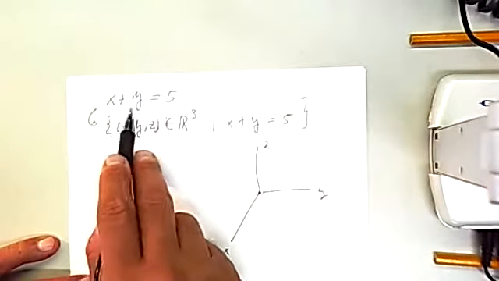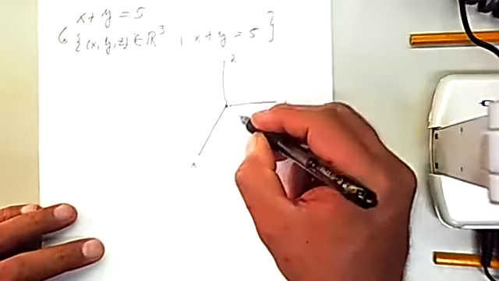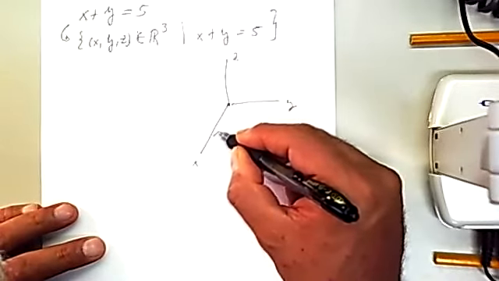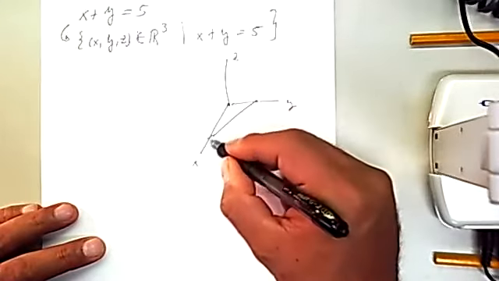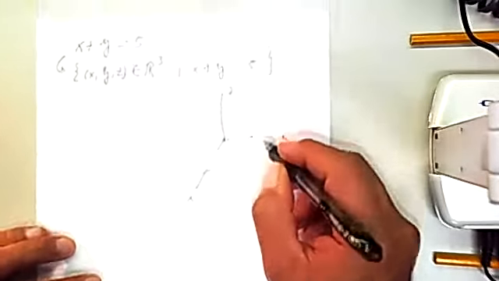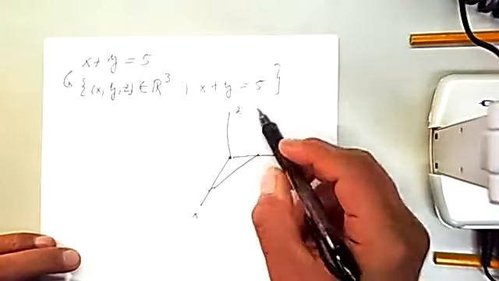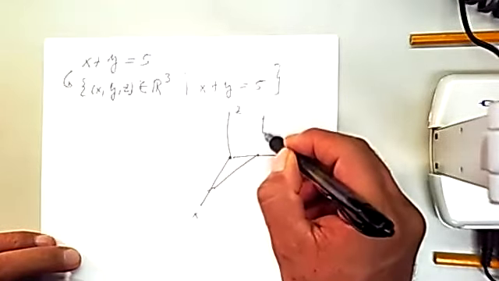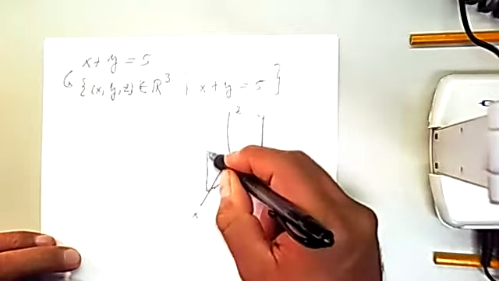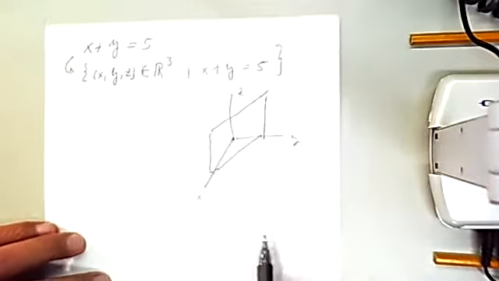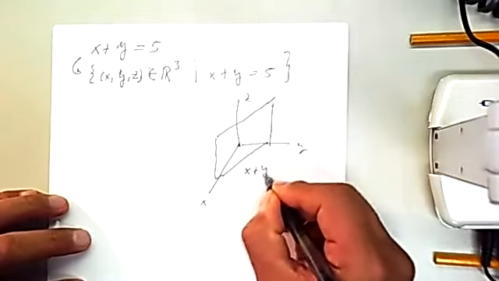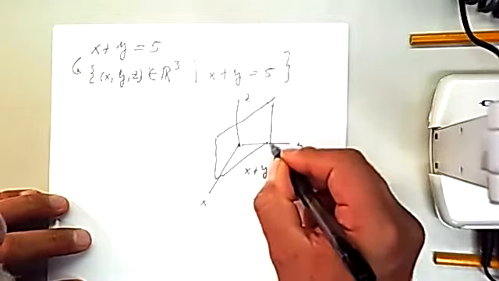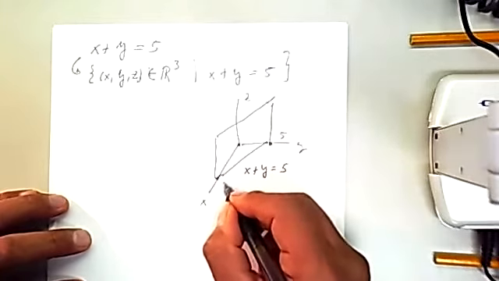If you draw this actual line, x plus y equals 5, on the xy plane, we would have this line, where this would be 5 and this is 5, and then the plane in 3 dimensions would go up, diagonal. So that is the plane x plus y equals 5, where this is 5, and so is this number 5.